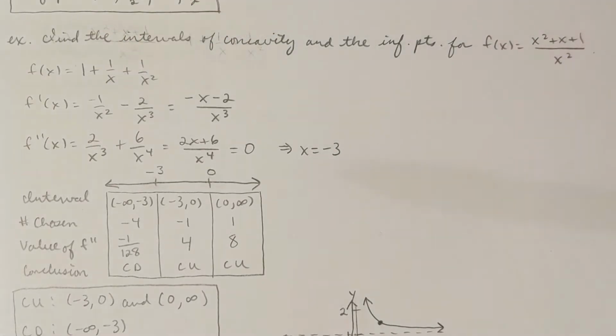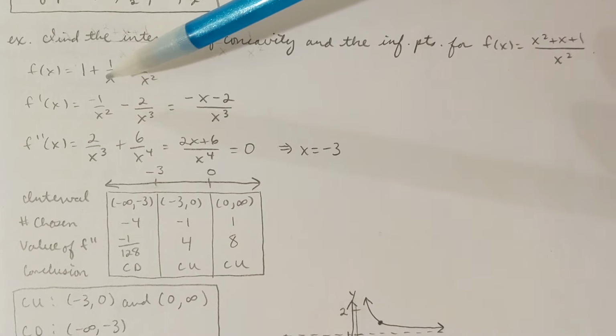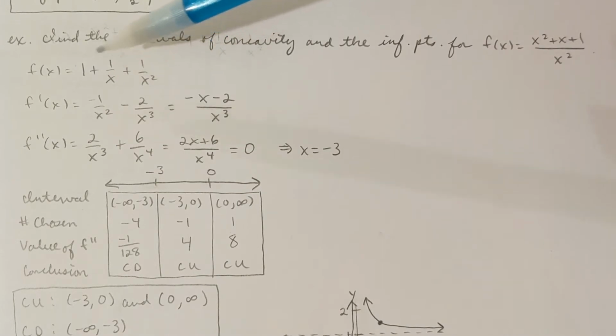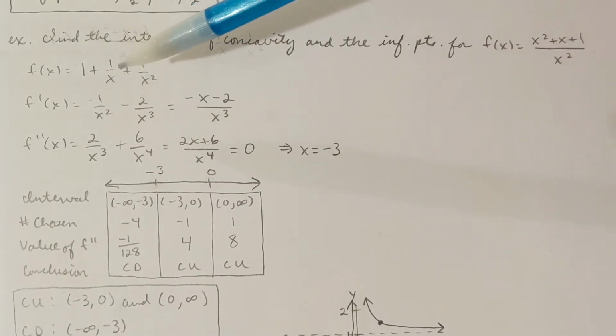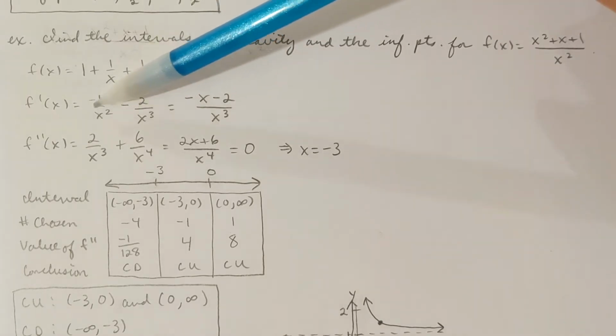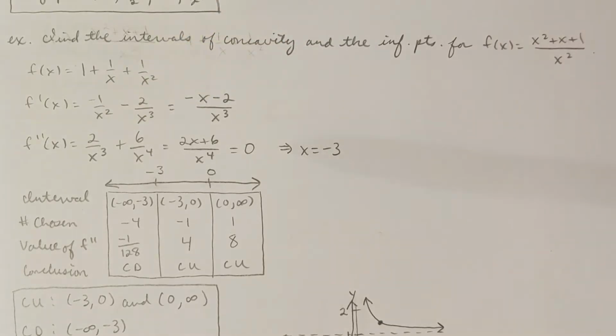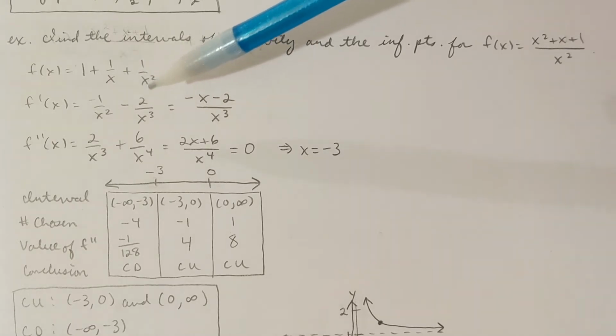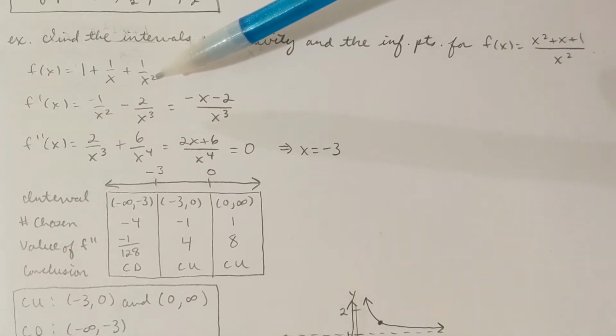Derivative of a constant is always 0. When I differentiate x to the negative 1, bring down the power, reduce the power by 1, you're going to have negative x to the negative second, or that would be negative 1 over x squared in fractional form, plus the derivative of x to the negative second, using the power rule, that would be minus 2x to the negative third, or minus 2 over x cubed.